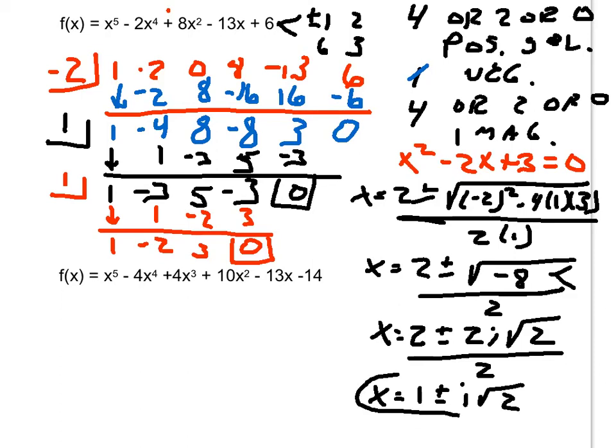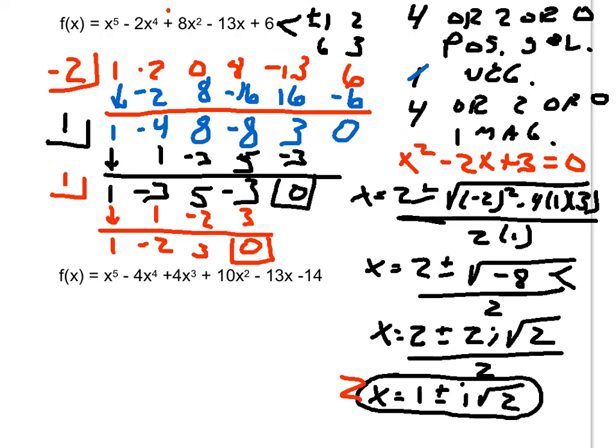So there are our two imaginary solutions. So now if we count them all out, we have two imaginary solutions here. We have two positive solutions here and a negative here. That's a total of 5 solutions, which, according to this, is what we're supposed to get.